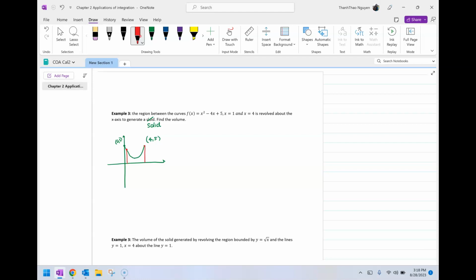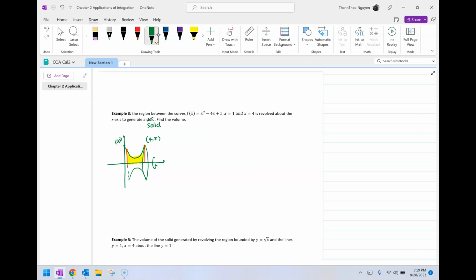So this is the region that we were looking at, then we rotate this about the x-axis. Okay, so that is the figure.